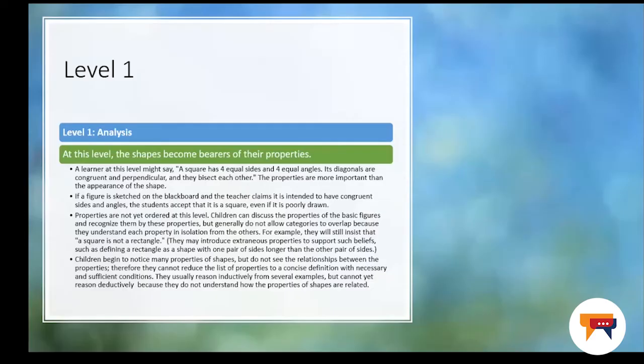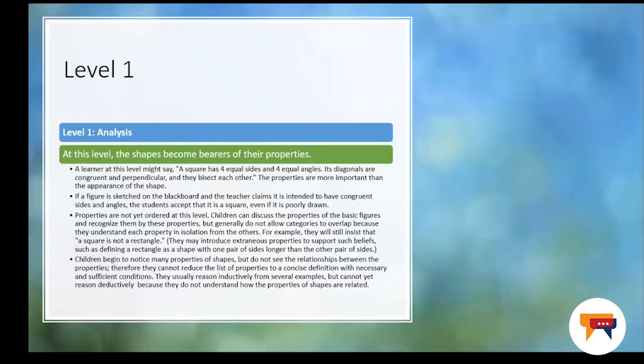And then level 1, which is called the analysis level. A learner at this level might say, a square has 4 equal sides and 4 equal angles. Its diagonals are congruent and perpendicular, and they bisect each other. The properties are more important than the appearance of the shapes.